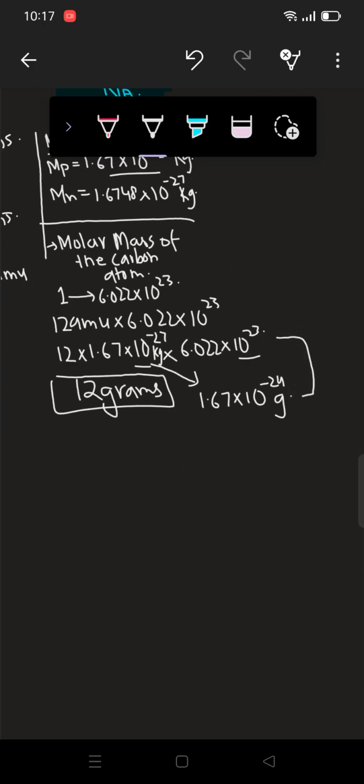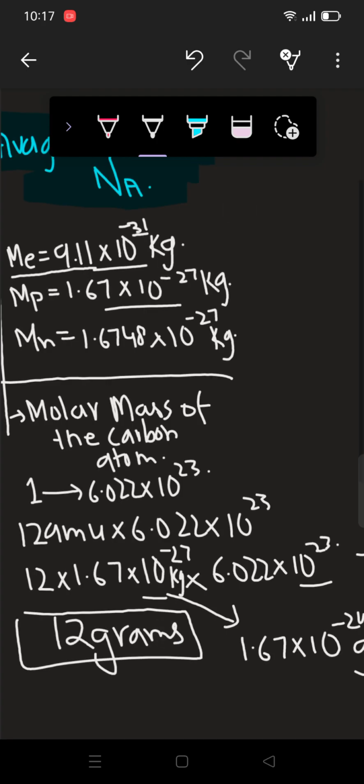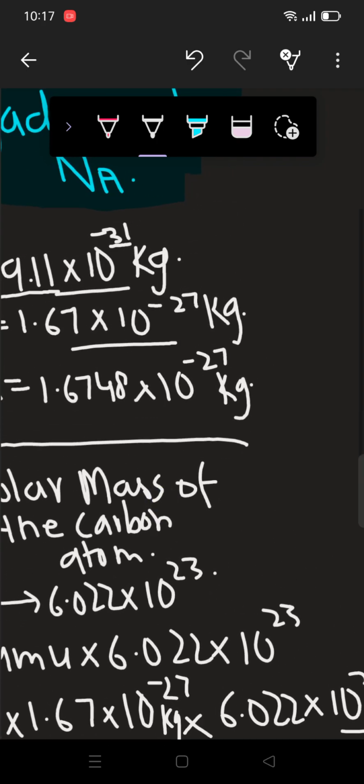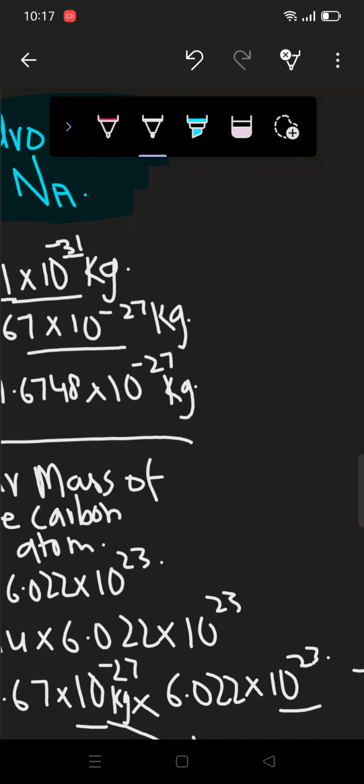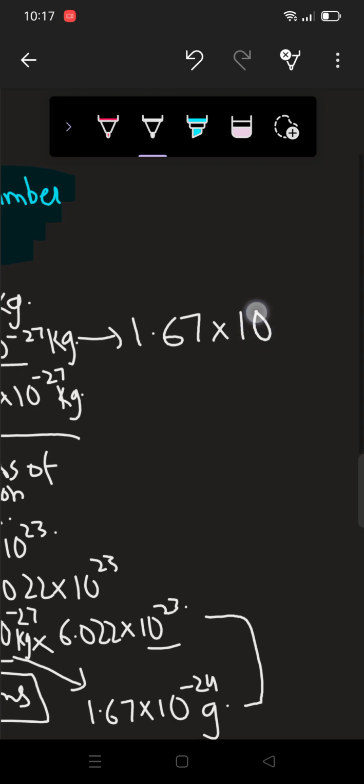Nothing is left over, so only 12 gram remains. So this is in kilogram, however when I write it in gram, I get 1.67 into 10 to the power minus 24 gram.